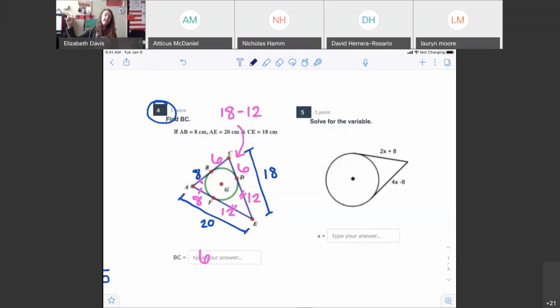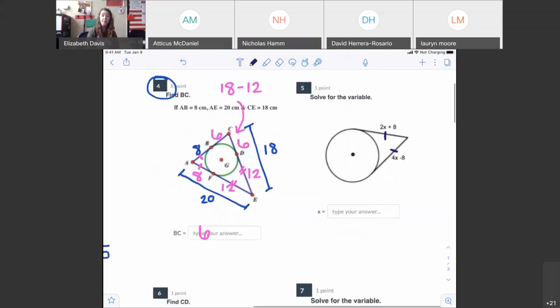When two tangents intersect outside of a circle, that means that these pieces of our tangent are going to be congruent. Congruent means equal. So we'll set 4x minus 8 equal to 2x plus 8.